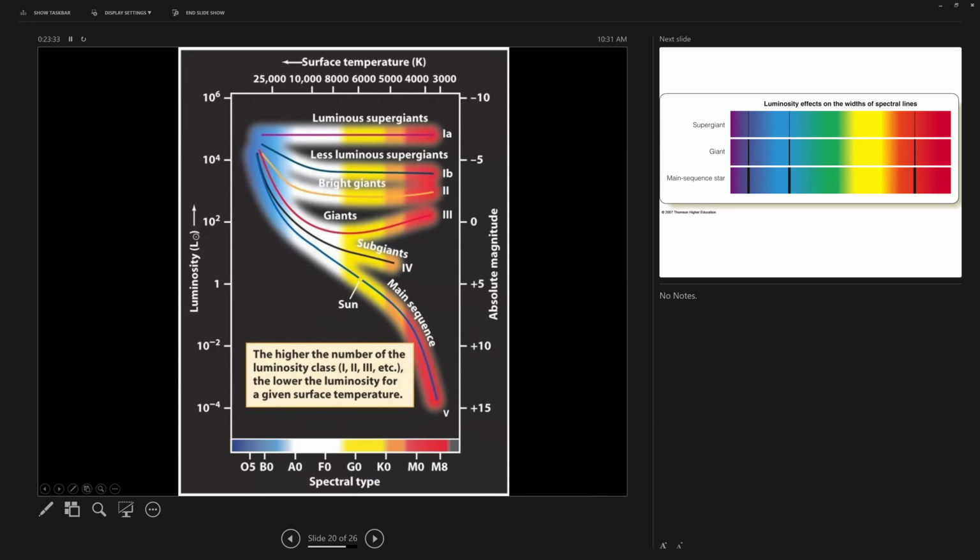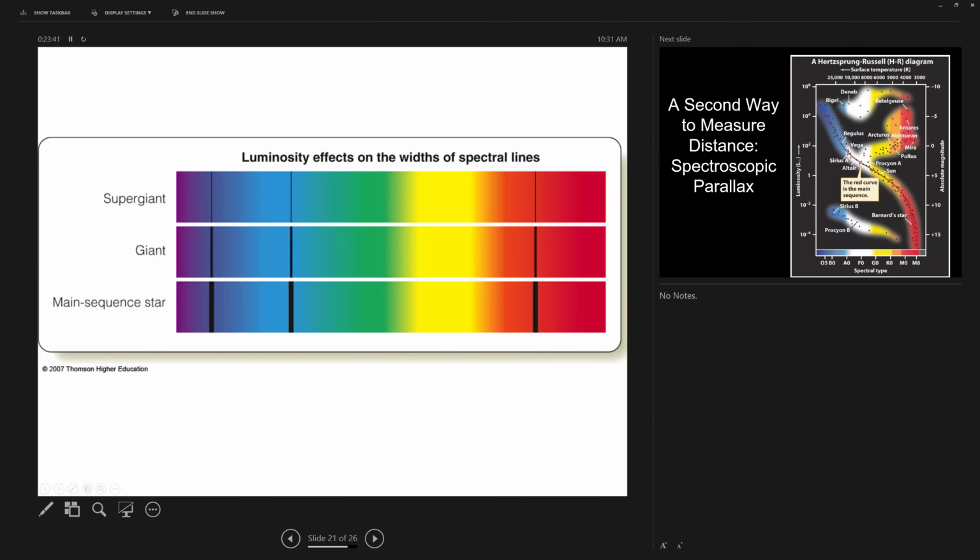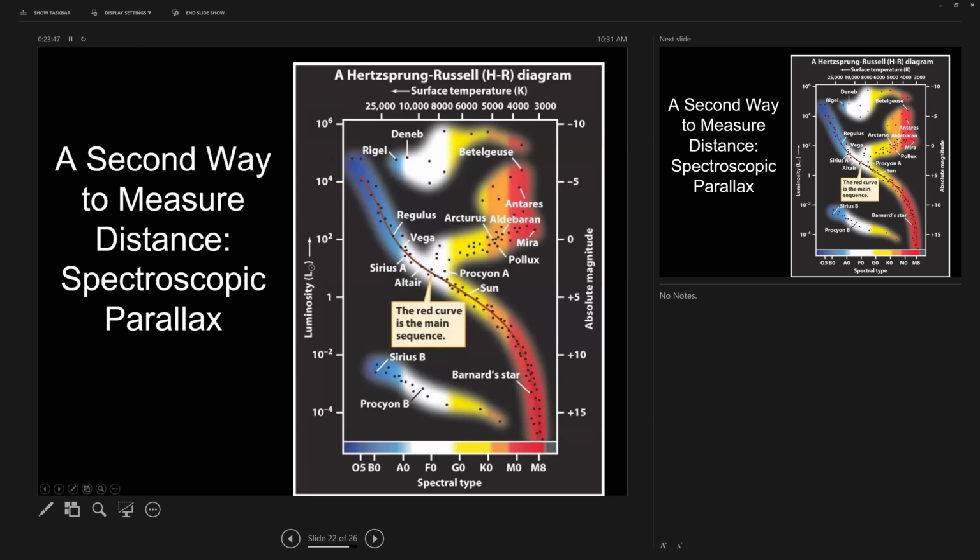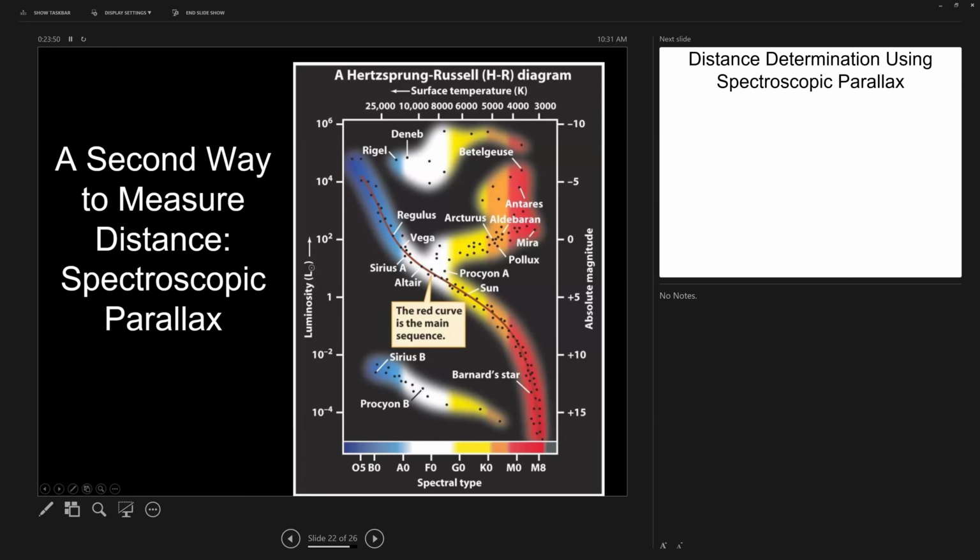But let's presume for now that it's a main sequence star, a type 5 star. And if it's a type 5 star, main sequence star, it's going to have those broad spectral lines. So you study the light from the star and you measure its surface temperature. Like say you determine that it has a surface temperature of 10,000 Kelvin and it's a main sequence star.